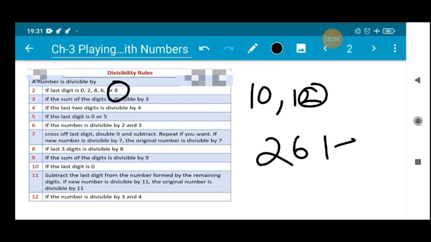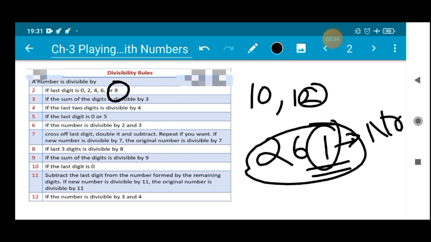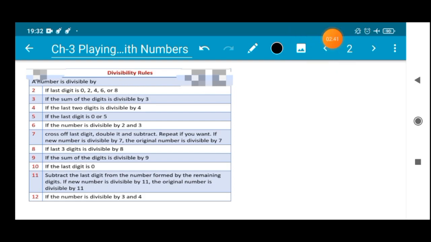Your answer will be no. Why? Because when you see the ones position, it carries 1. 1 is an odd number, right? So that's why this whole number will not be divided by 2. I hope this is understandable for 2.